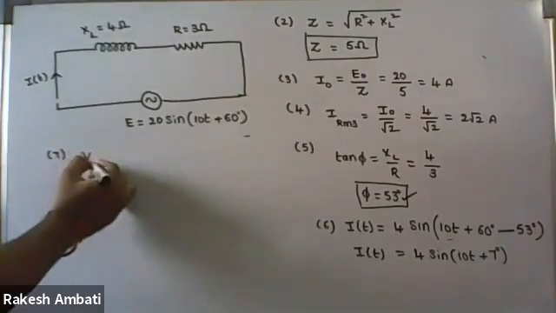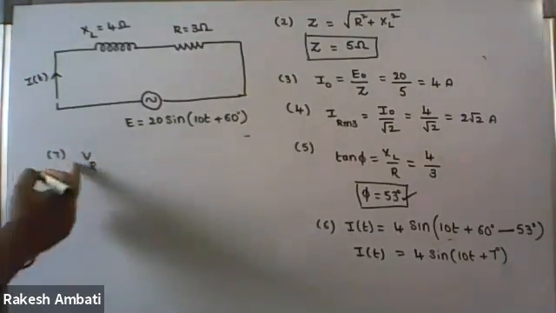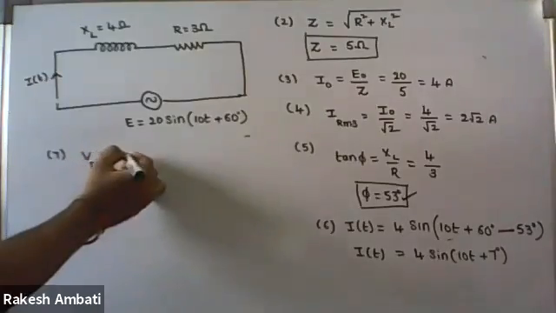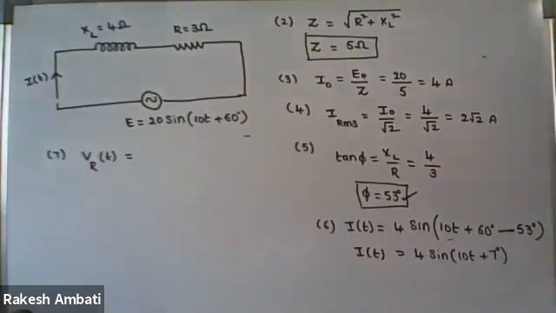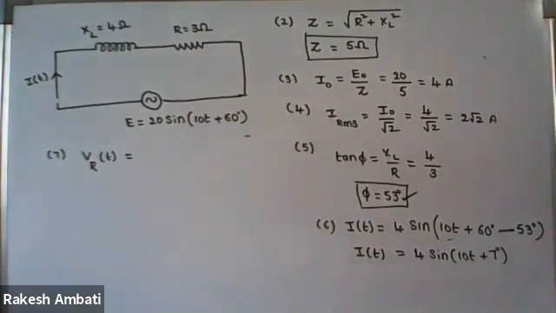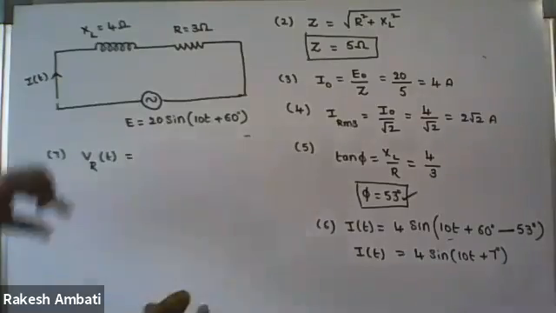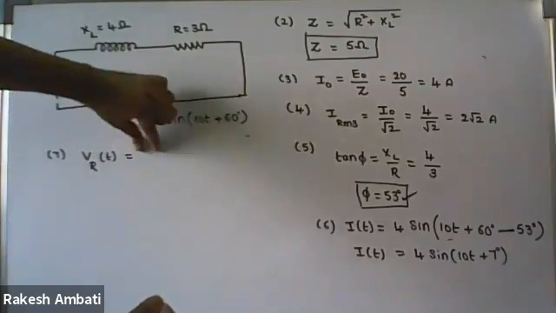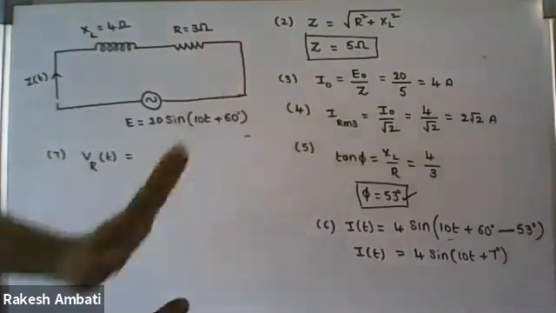I want to find VR, the potential difference across resistance, as a function of time. How to find VR as a function of time? VR means here V naught into sine of something we have to write.